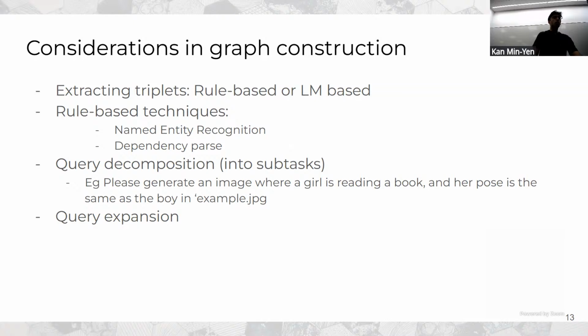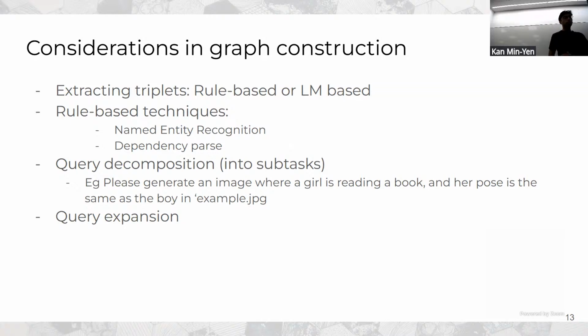So what might be some considerations involved in graph construction? The first thing that we have to do regardless is extract triplets, because you have the entity-relationship-entity pattern. This can be rule-based or large language model-based.